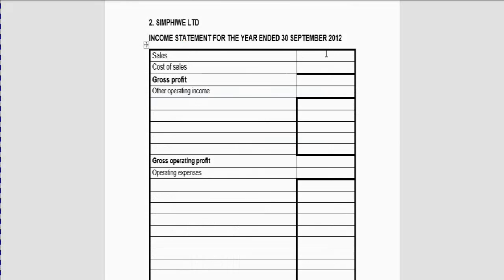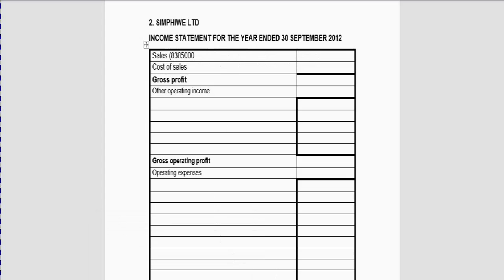But I won't put it in the amount column yet. I'm going to put it next to sales, 8,385,000 in brackets, because I'm going to add and deduct whatever adjustments there are from this amount, and at the end I'll work out the new sales amount and I'll put that in.